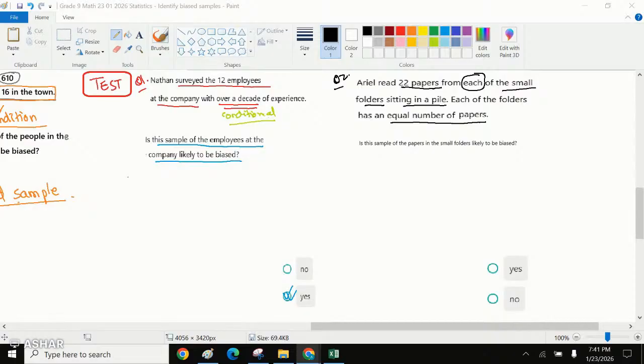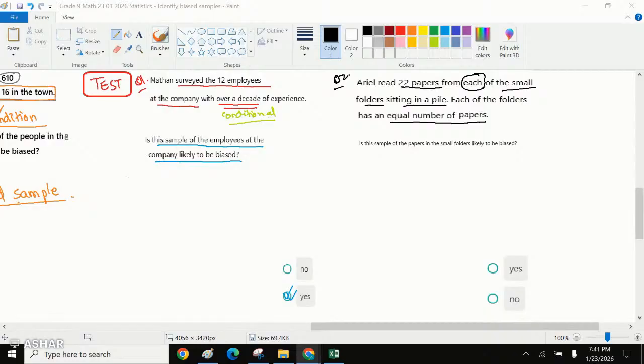Let's suppose there are 10 folders, 100 small folders sitting in a pile. Each folder has the same equal number of papers in it, right? So there could be 100 papers in it. So from every folder, Ariel is reading 22 papers, right? Is it likely to be biased?